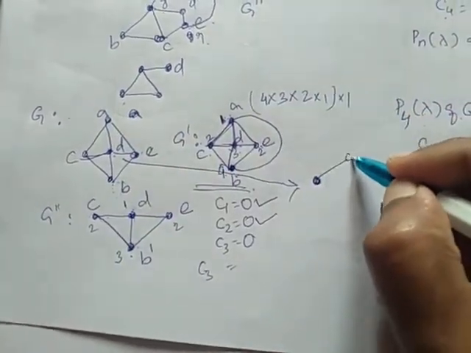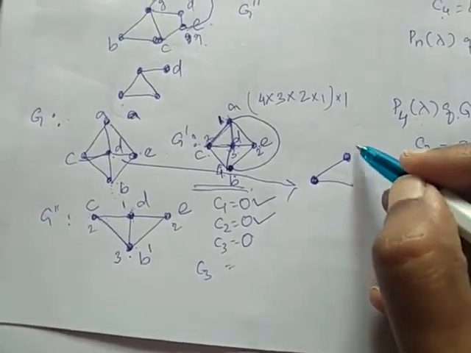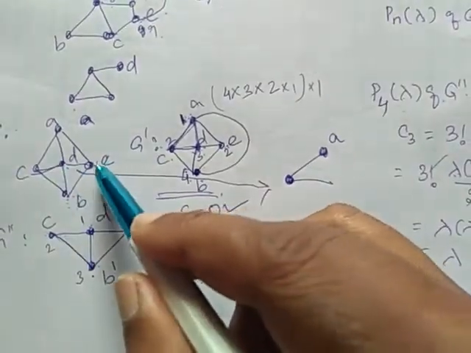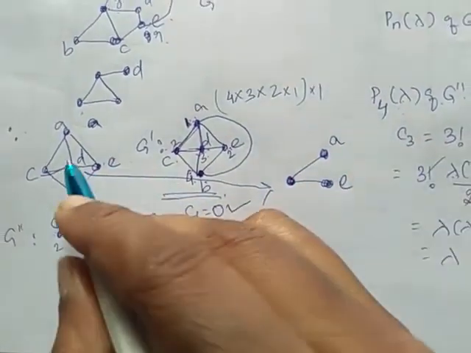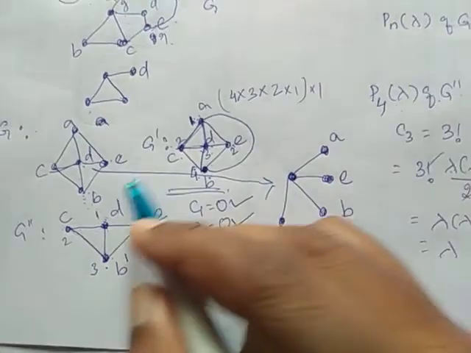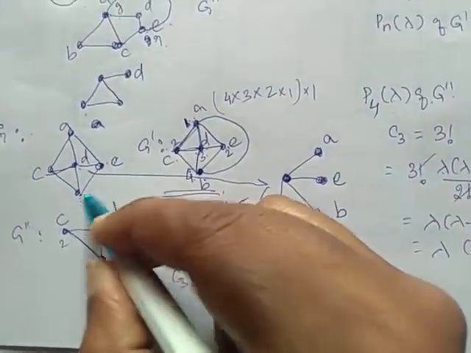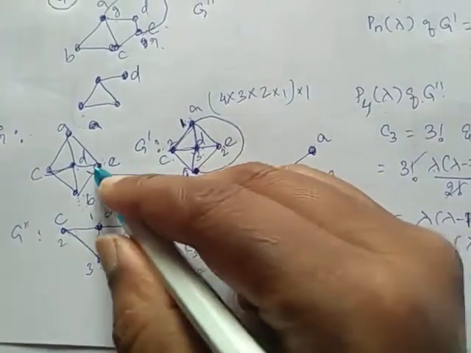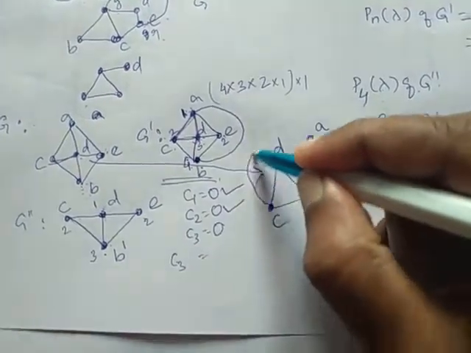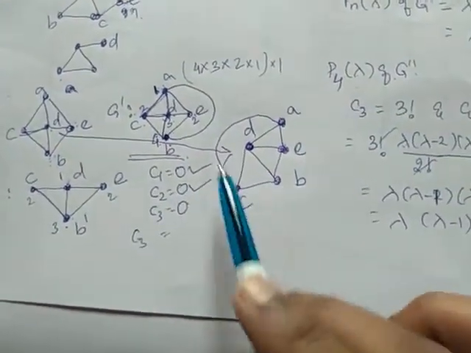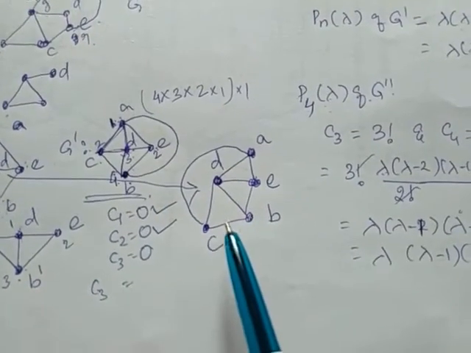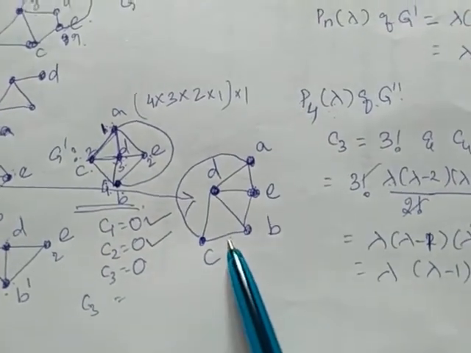D is connected to A. D is connected to E. D is connected to B. D is connected to C. And C is connected to B. B is connected to E. E is connected to A. And C is connected to A. Already we have solved this graph and we got the result. When we see previous example, I have solved this already. So I am not going to solve this again. So we got this answer.